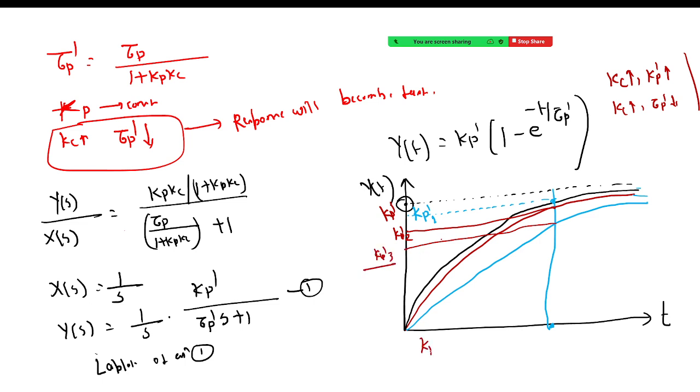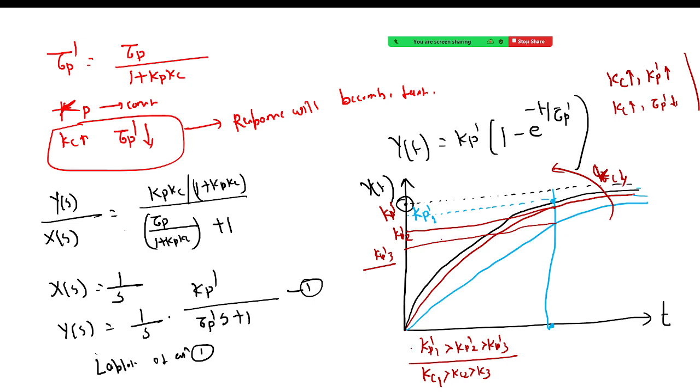Since here we see from the graph that Kp dash 1 is greater than Kp dash 2, which is greater than Kp dash 3, and if Kp dash increases, Kc increases, can I say that Kc1 is greater than Kc2 is greater than Kc3? So if I go from here to here, Kc will decrease.